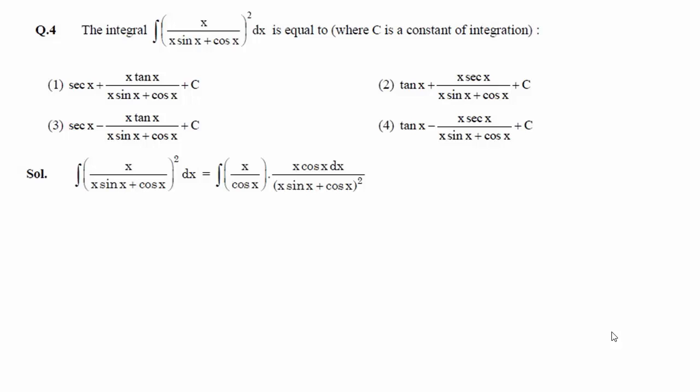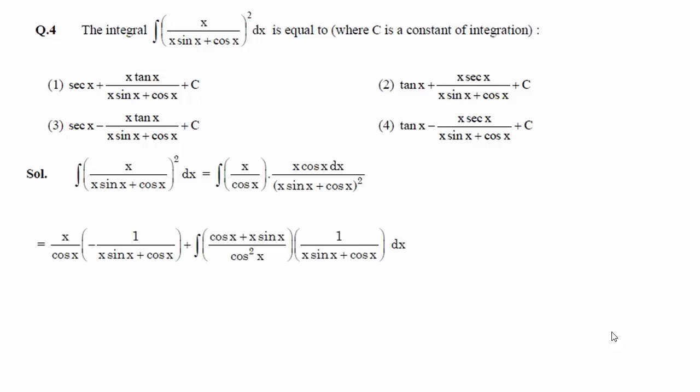Solution. Integration of x divided by (x sin x + cos x) whole square dx is equal to the integration of x cos x dx divided by cos x into (x sin x + cos x) whole square.